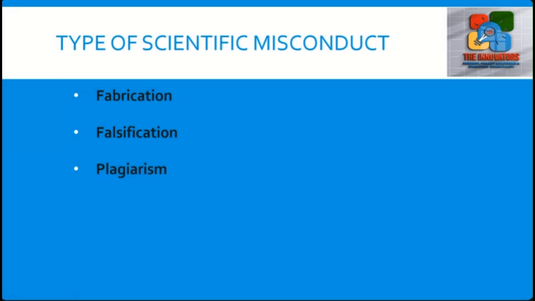And the last one is plagiarism, which is probably the most commonly encountered issue in academic writing. You are trying to write different sentences coming from different literatures, but you are not exactly citing them.